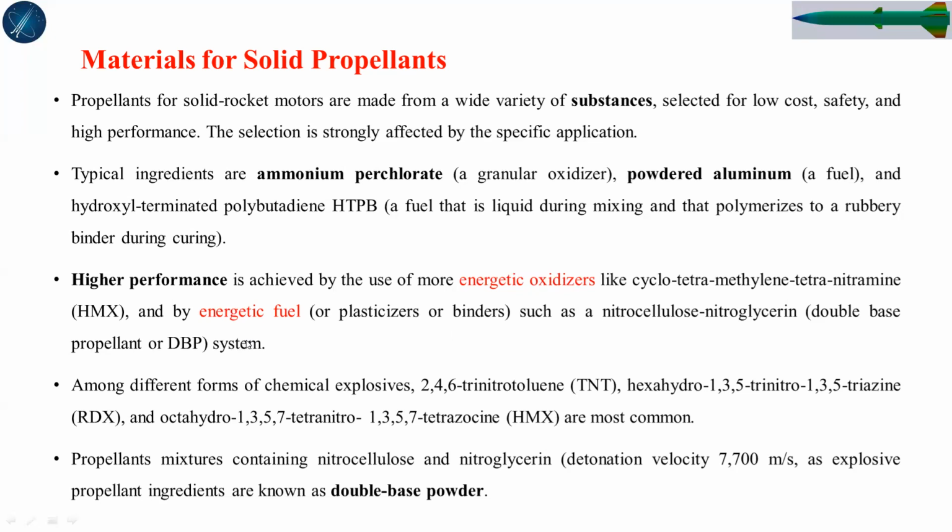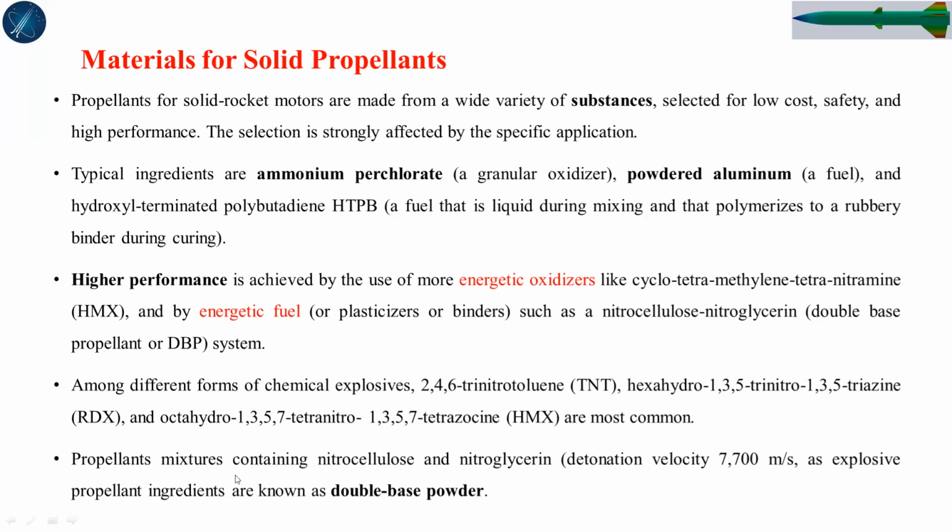And the propellant mixtures containing nitrocellulose and nitroglycerin have a detonation velocity of 7.7 kilometers per second as explosive. These are explosive propellants. Okay?